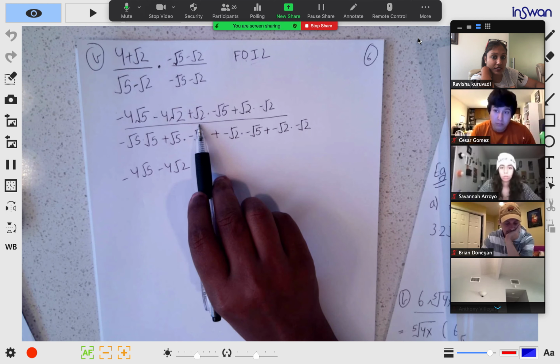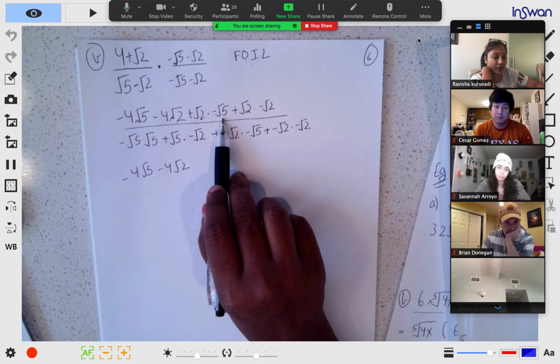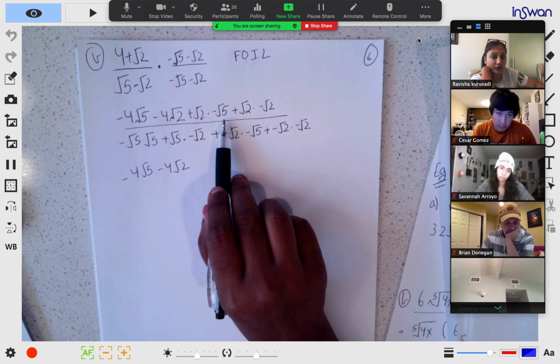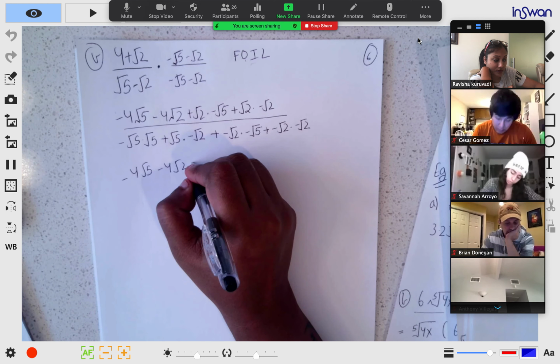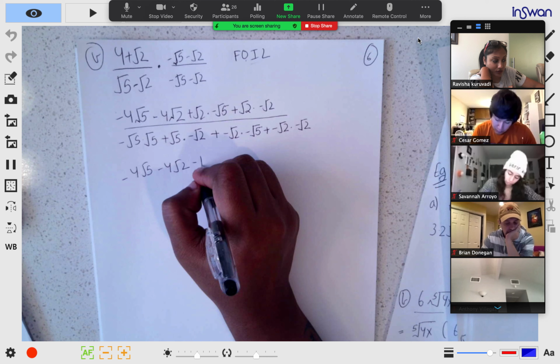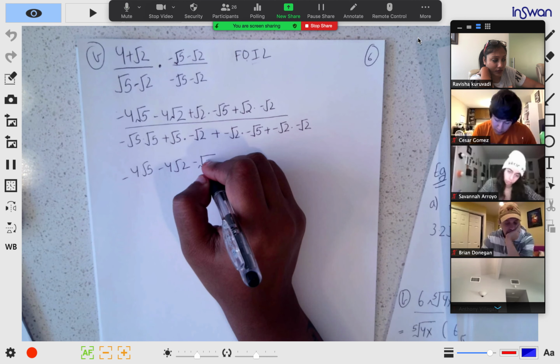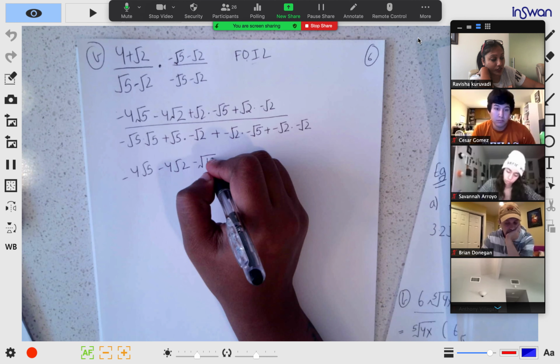Multiply these two terms and tell me what you get. Negative 10. Negative square root of 10. Okay. What about the next one? What does it become?